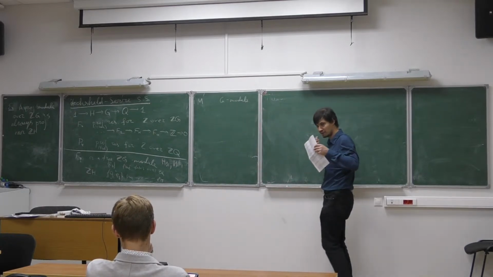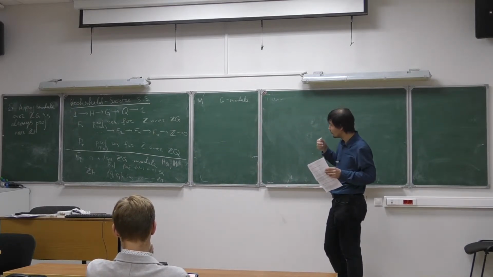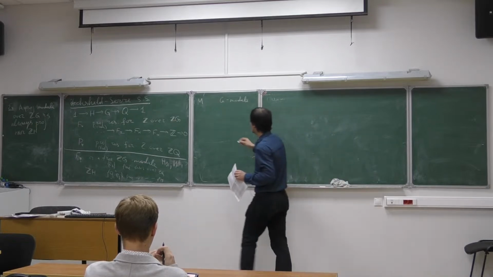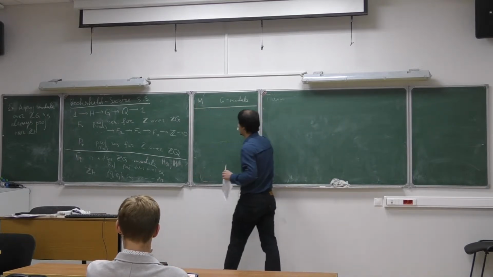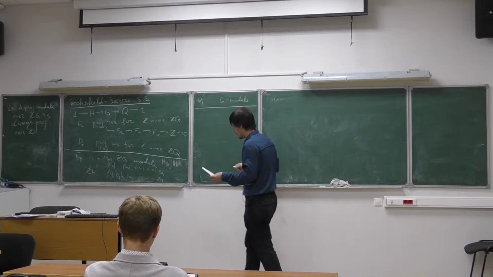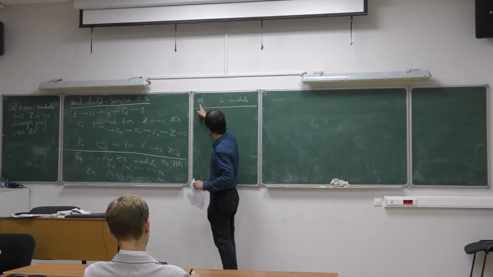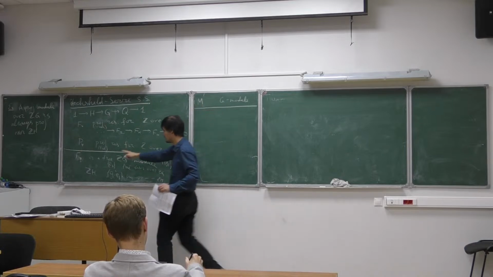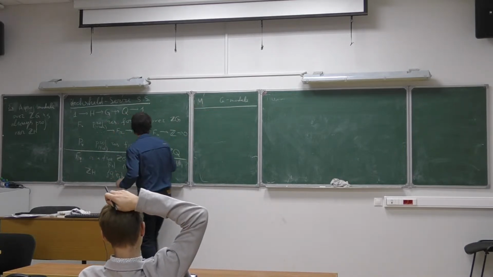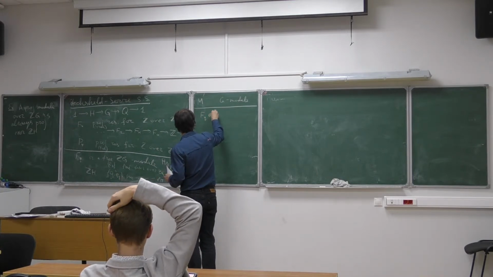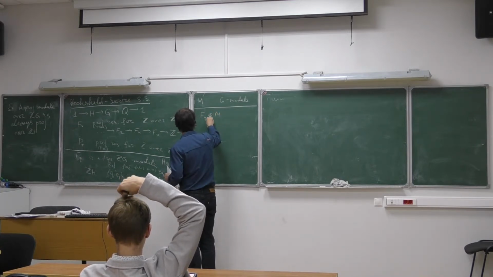We want to introduce some spectral sequence which computes this homology or cohomology. I would like to recall that we can look, this is G module and this is G module. But we can consider their tensor product not over G but over H.